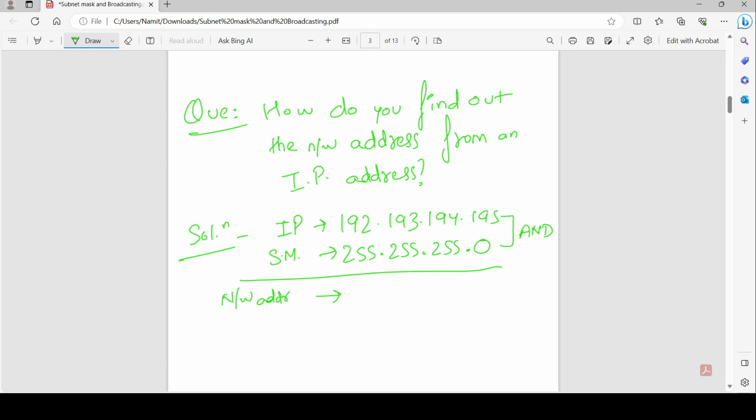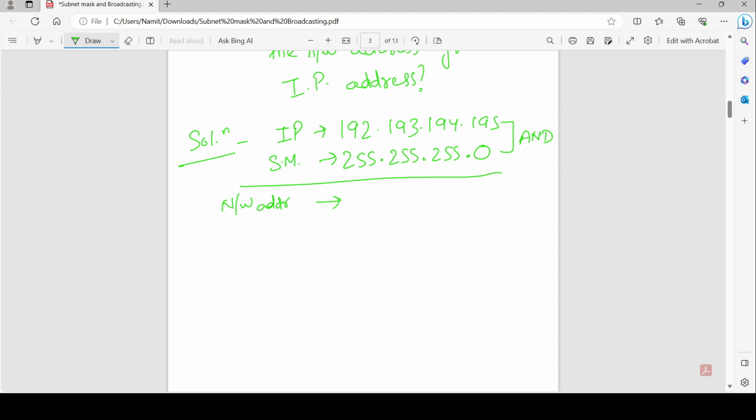Alright, I'll just solve one part for you. If I am supposed to perform the AND operation of the first octet, that is 192 and 255, I'll break it down. 128 is 1, 64 is 1, rest is 0, and this is 255.